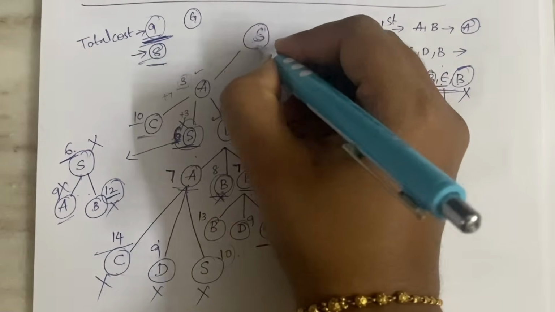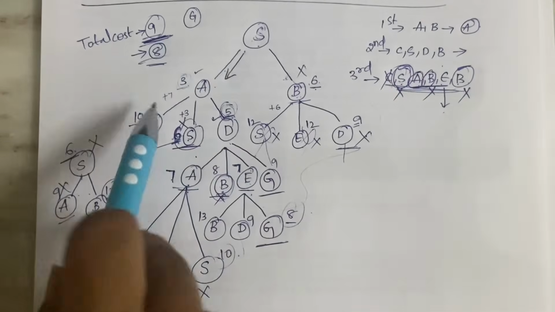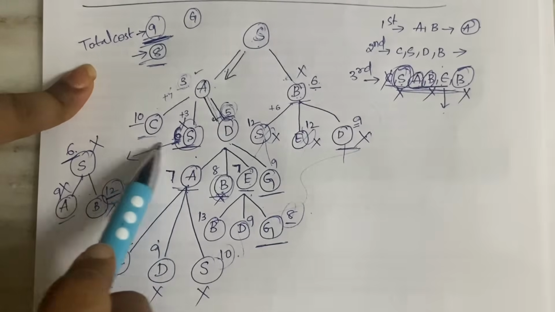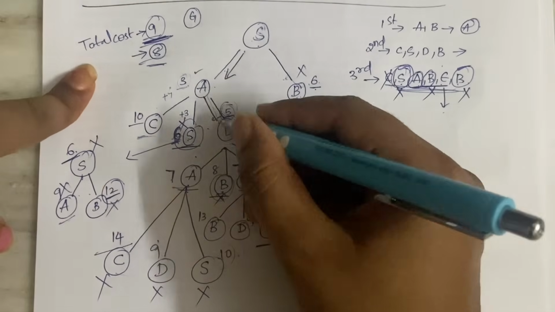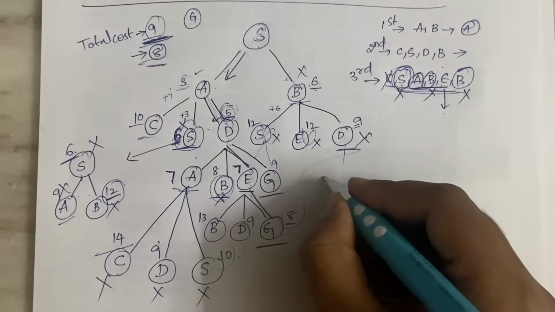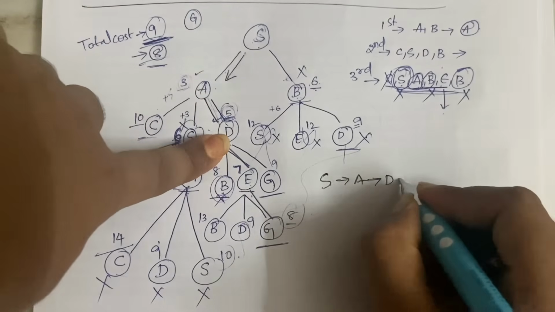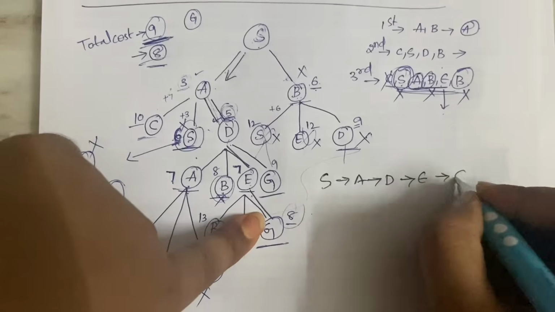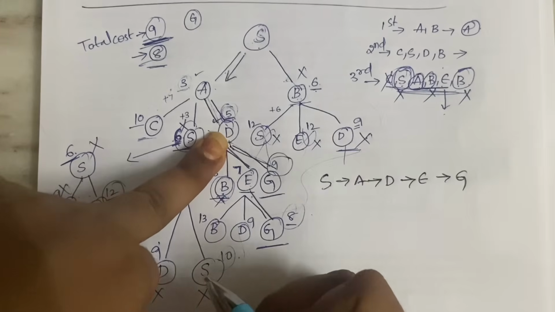From S we came to A, okay, and then from A we came to D, and from D we came to E, and from E we came to G. I will write here S to A to D, and D to E, and E to G. From D to G also we came directly, but the cost was 9, right?